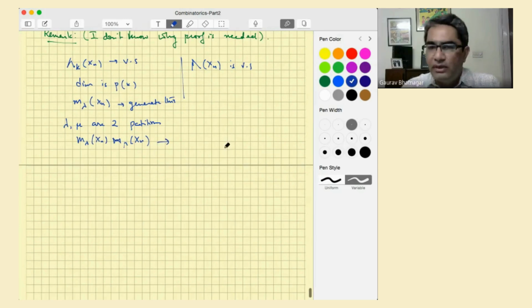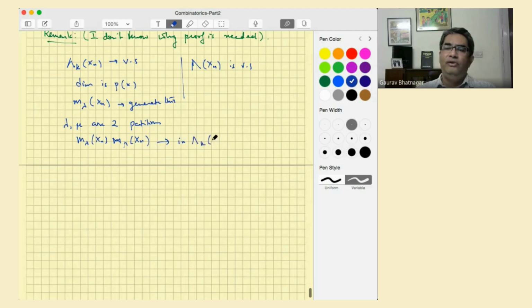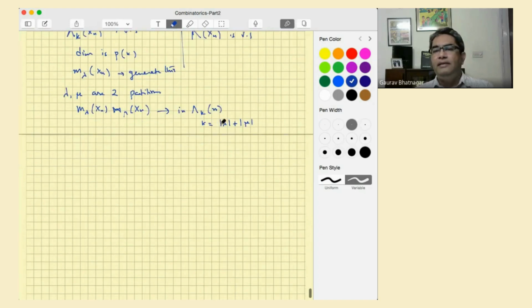This is also a homogeneous thing, in Lambda^k of n, where k is the length of lambda plus the length of mu. So one should be able to write it in terms of the other.